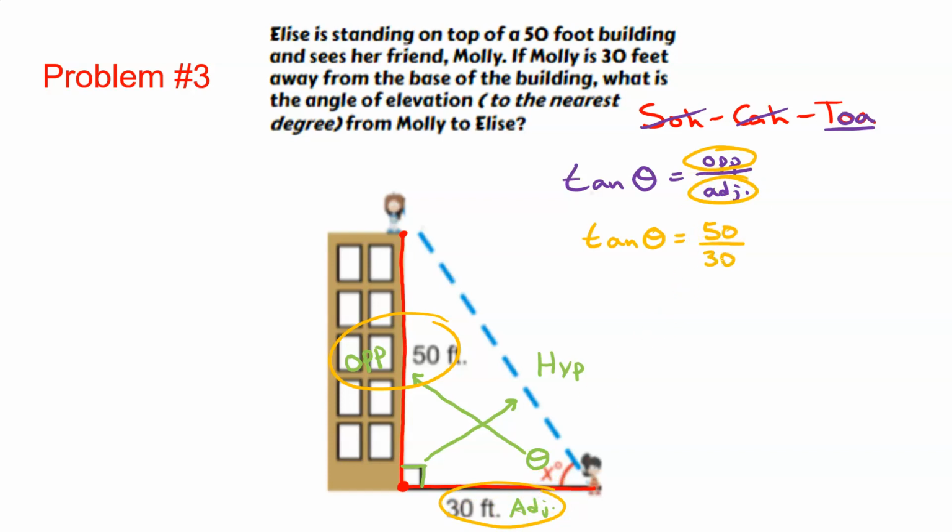Well, how do I get that reference angle all by itself? How do I kick the tangent over to the other side? We have to use the inverse. So theta is equal to tangent inverse, the one with a little -1 sitting up above, of 50 divided by 30. If I can correctly plug this in, it will tell us that missing angle. So let me type that in, tangent inverse of 50 over 30.